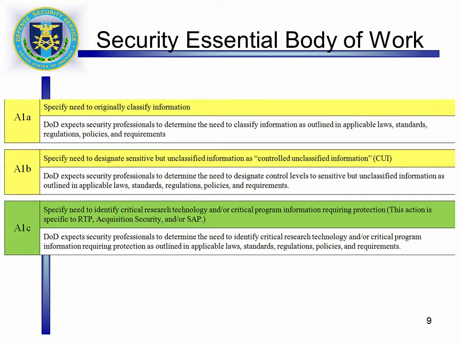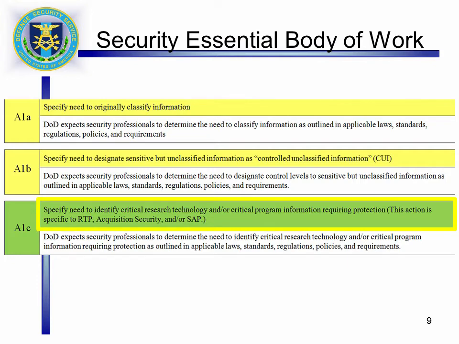DoD expects security professionals to determine the need to classify information as outlined in applicable laws, standards, regulations, policies, and requirements. That makes sense, right? If you think about it, the professionals that you work with, wouldn't you expect them all to be able to perform this action? Now, let's look at A1C, which is green.